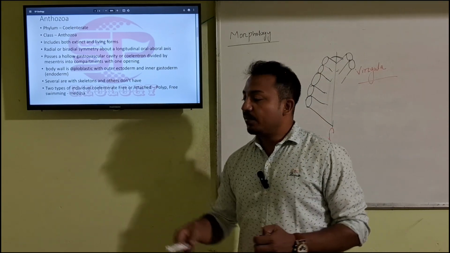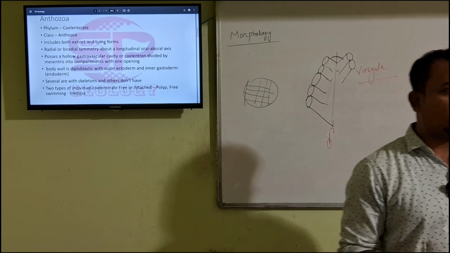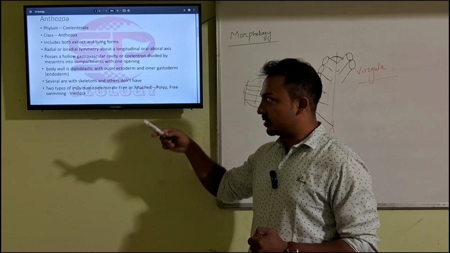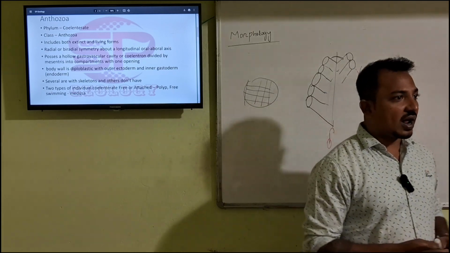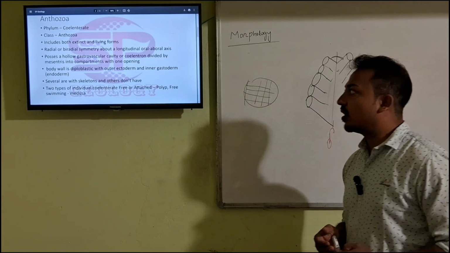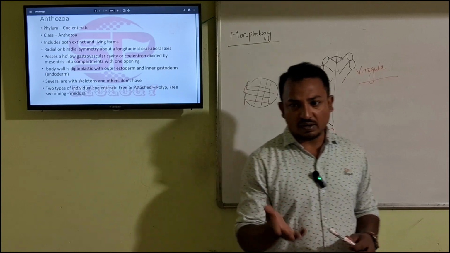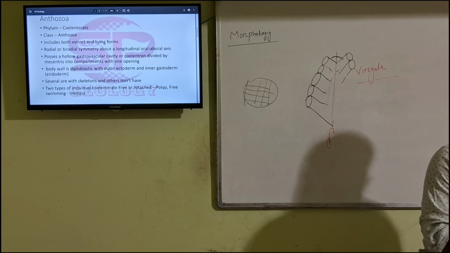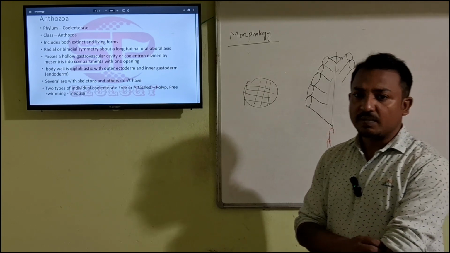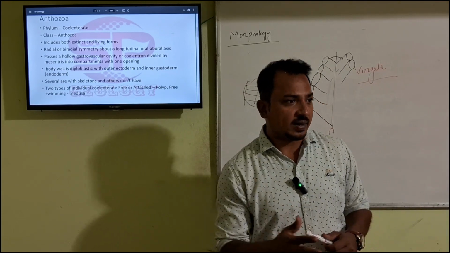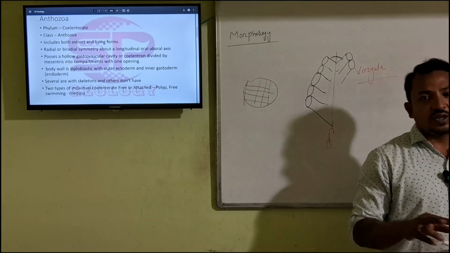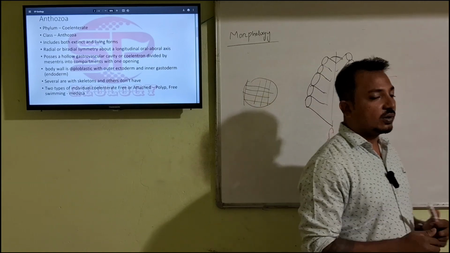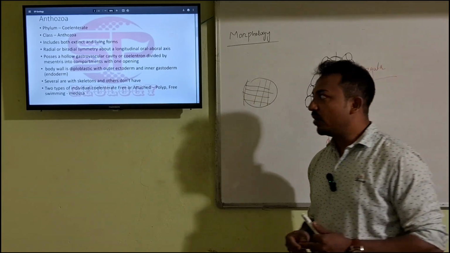You will find two types of coelenterates: some are free, some are attached. Those that are attached or just floating on the water, they will not swim, are called polyps. The free swimming form is called medusa.